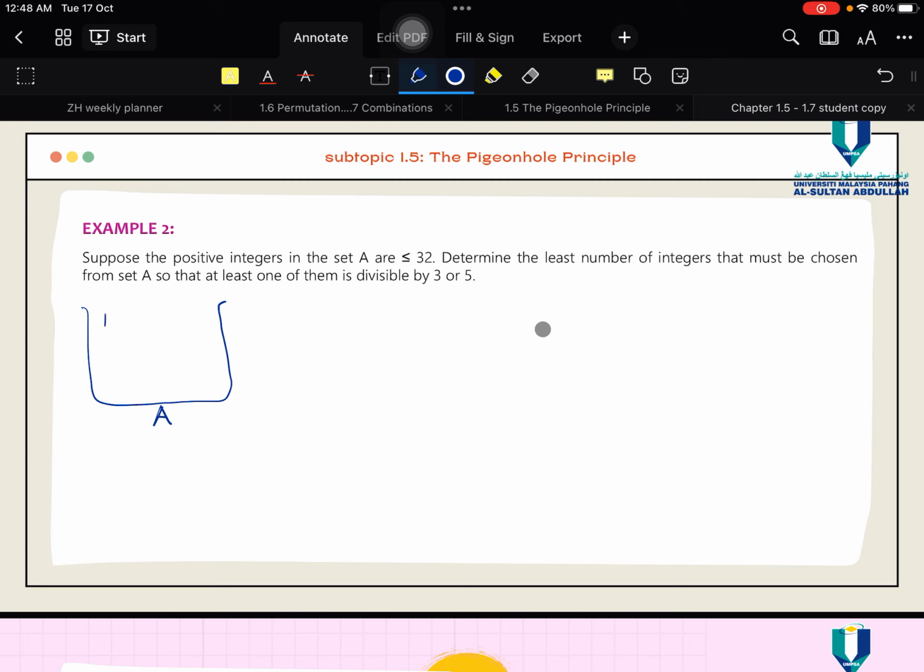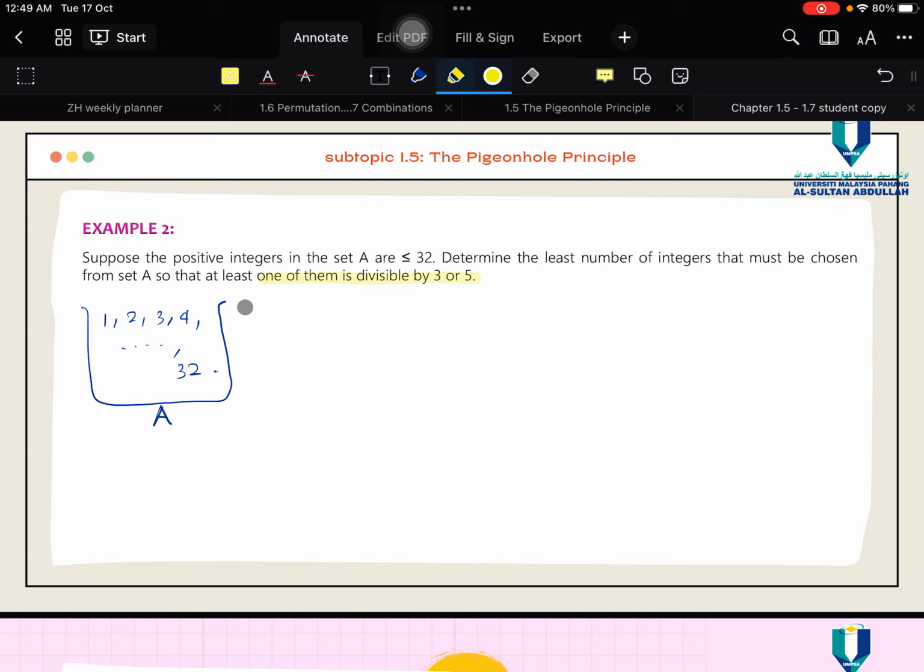So maksudnya 1, 2, 3, 4, semualah sampai 32. Boleh? Sekarang ni, berapa banyak nombor yang kita nak keluarkan untuk memastikan kita akan dapat at least one of them is divisible by 3 or 5. Lebih kurang macam tadi kan?